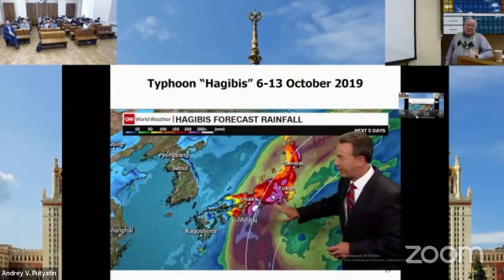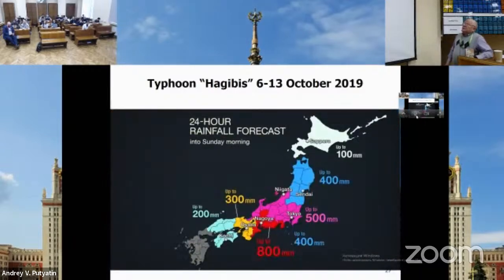So, a distinguishing feature of the climate of Japan, in the area of Fukushima and Japan at all, are typhoons, or tropical hurricanes. Here you can see one of them, Hagibis, which happened in 2019. And you can see here that in Fukushima, we had more than 400 millimeters per day of precipitation.